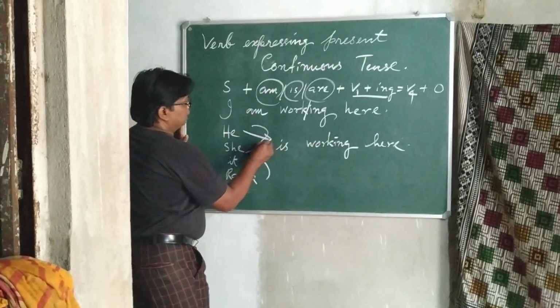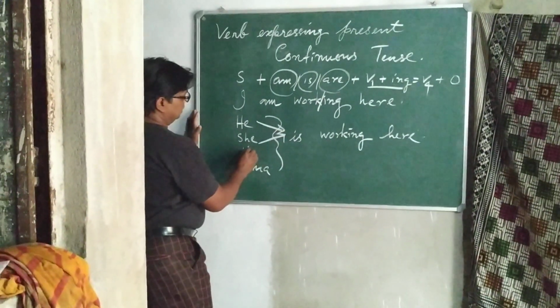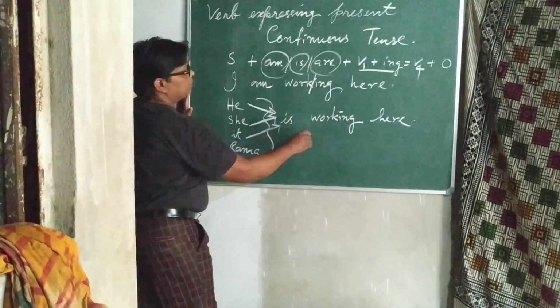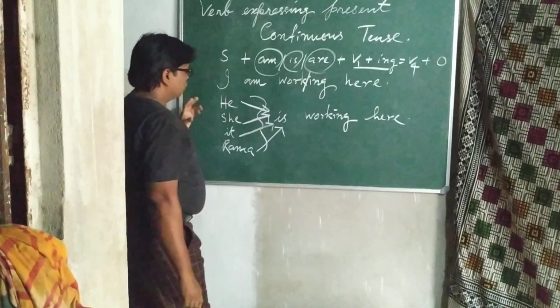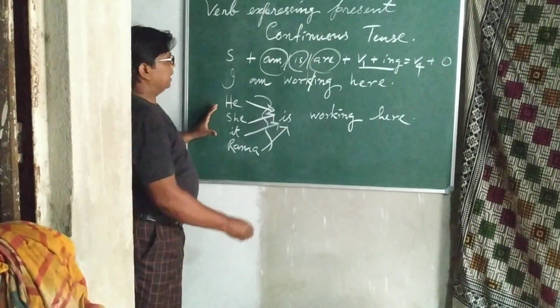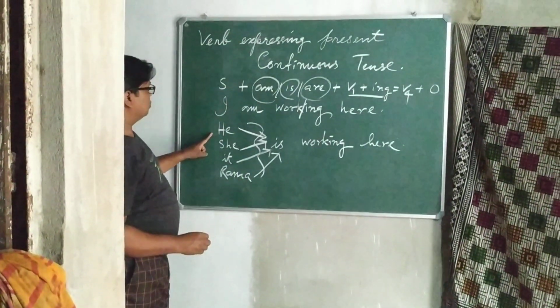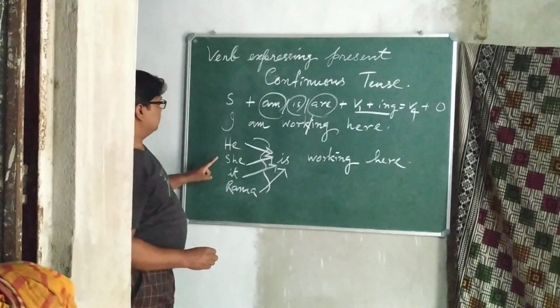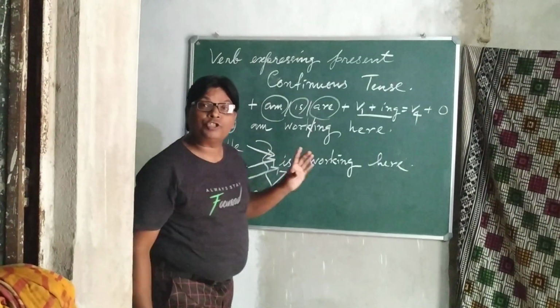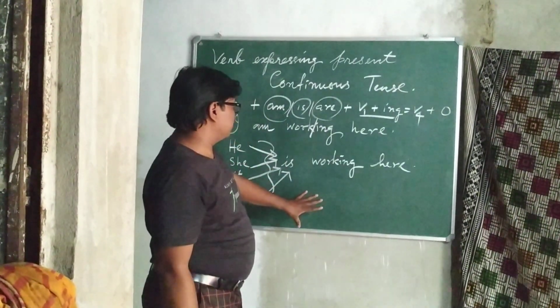She is working here. It is working here. Rama is working here. So in this case, is is followed by she, he, it, Rama. These are called third person singular.